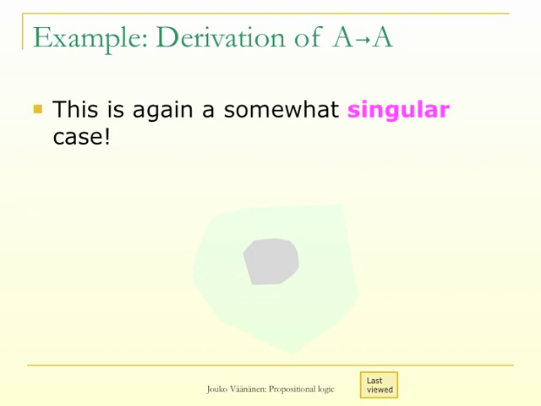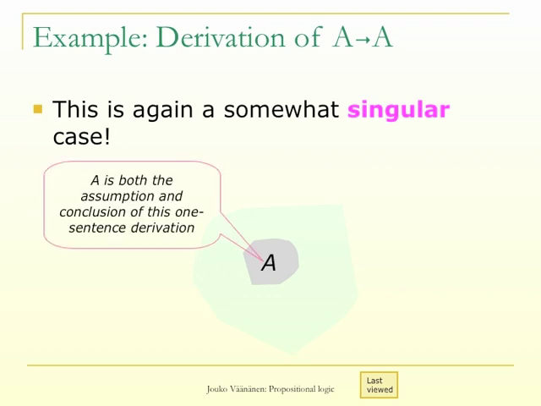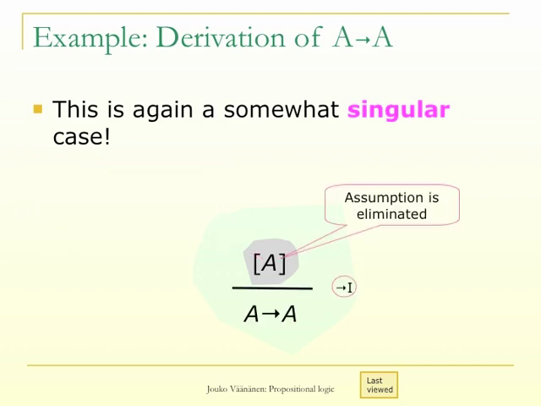If this is a simple case, it should be easy for us. The formula A is both the assumption and conclusion of this one-sentence derivation. Now the assumption A can be eliminated to derive A implies A. And we have proved A implies A without any assumptions.